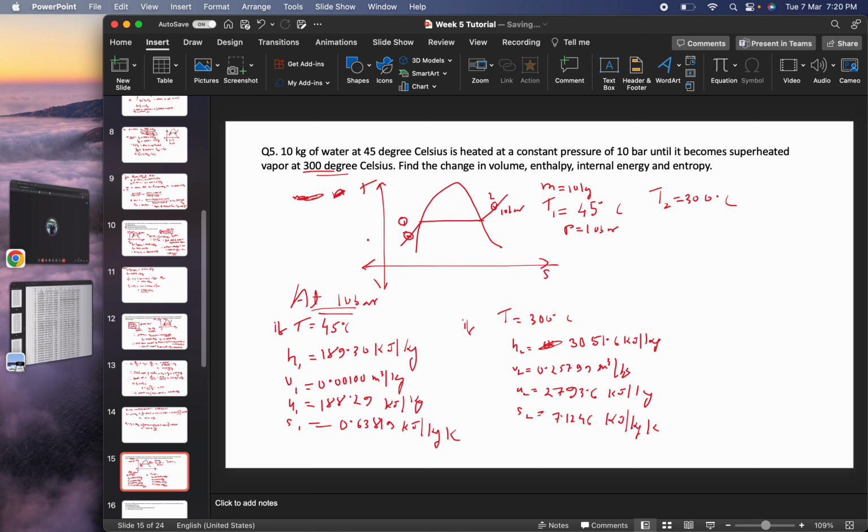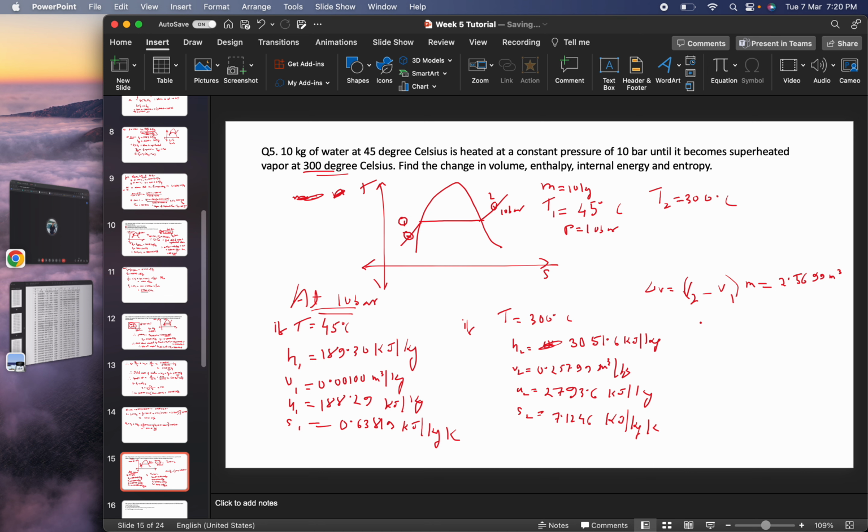Okay, so now you have to find the change in volume, the change in enthalpy, and the change in internal energy. Okay, the change in volume will be basically V2 minus V1, delta V times mass. Okay, so 0.25799 minus 0.00100 into 10, okay, 2.5699 meter cube.